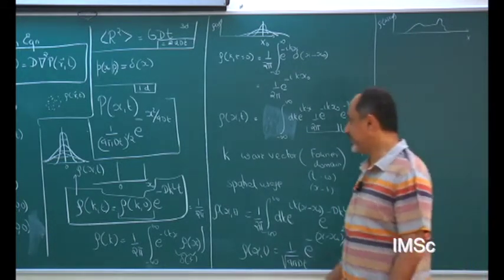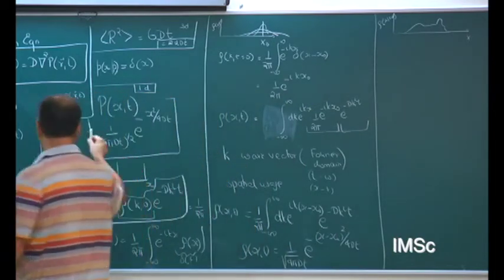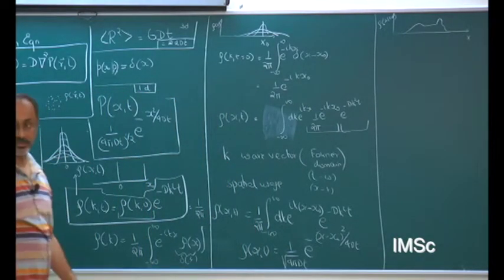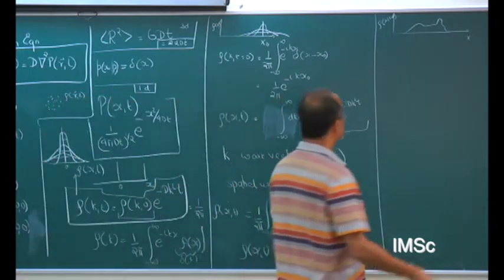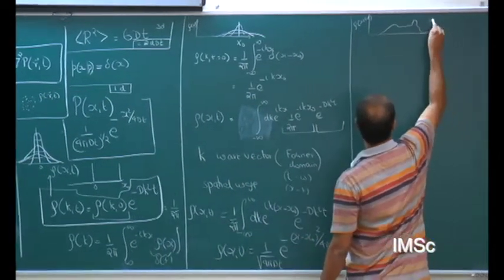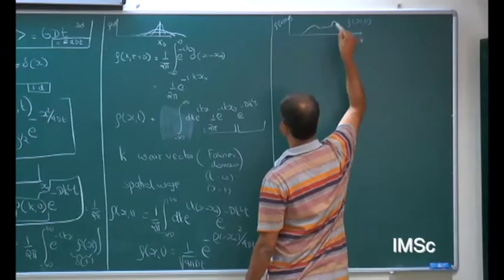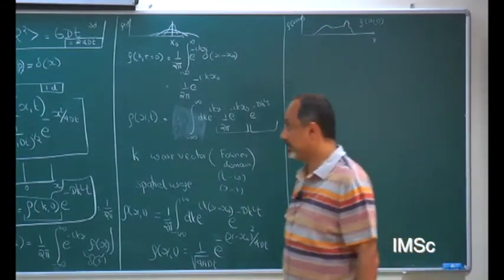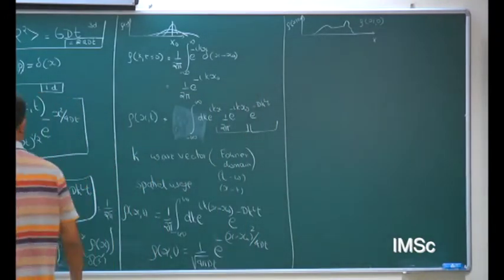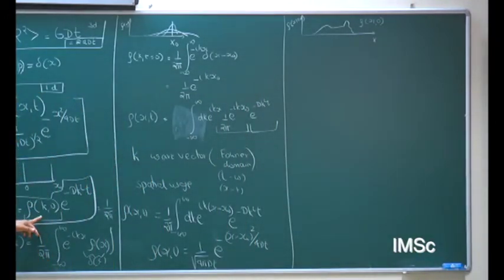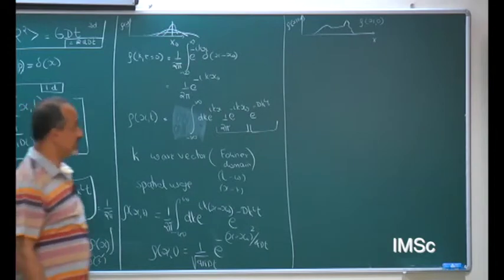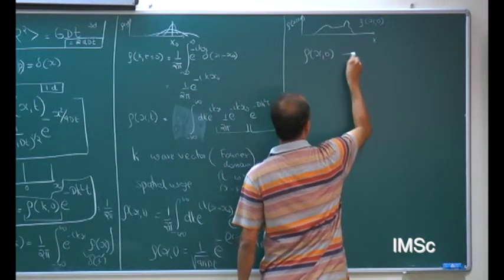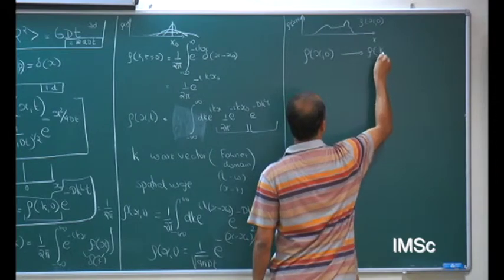So instead of saying I know that it was a delta function at t equal to 0, I am saying it's some more general distribution at t equal to 0. Let me call this some function, say rho of x comma 0. How would I handle that? The answer is I would handle it pretty much exactly as I do it here. But from the rho of x comma 0, I would Fourier transform to get a rho of k comma 0.